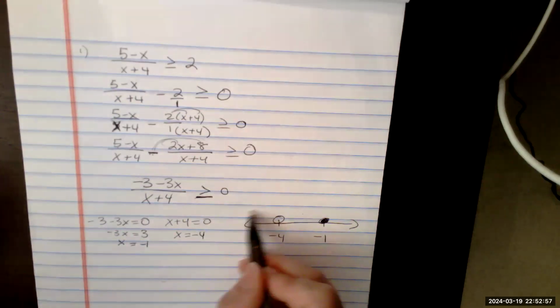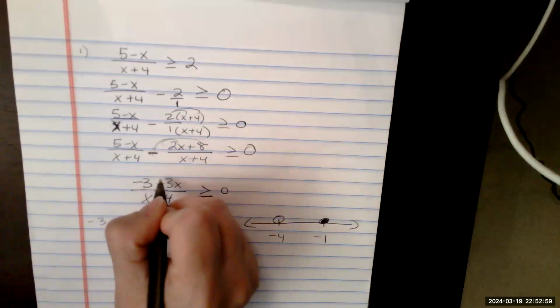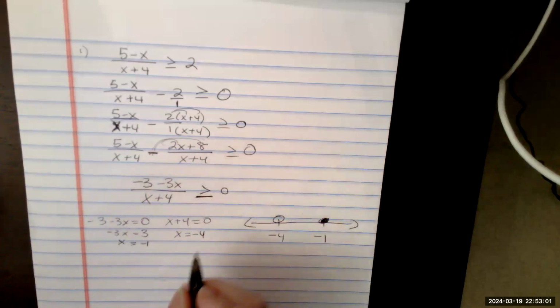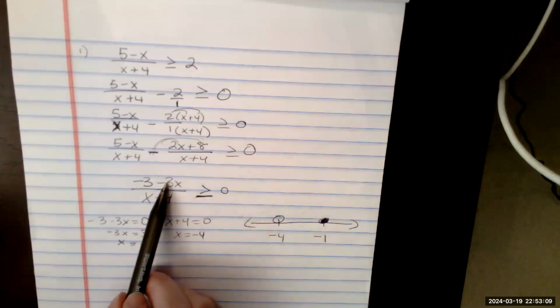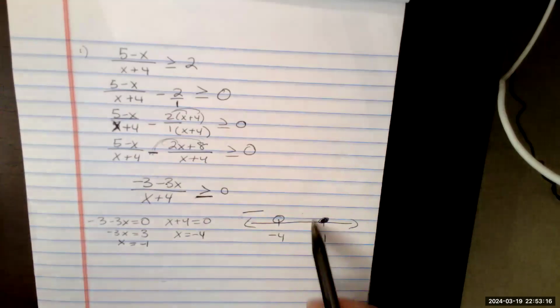If I plugged in something like negative 5, and we could factor this to make it a little easier, but I'll just leave it. Okay, if I plug in negative 5, this would be negative 3 plus 15, so that would be positive, but the bottom would be negative. If I plugged in, I can't plug in my 0 here, so be careful.